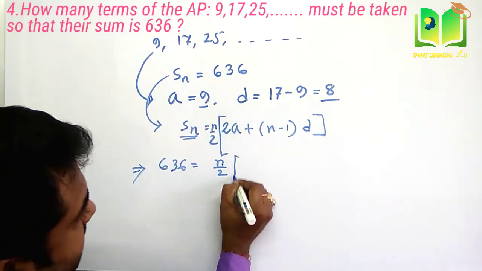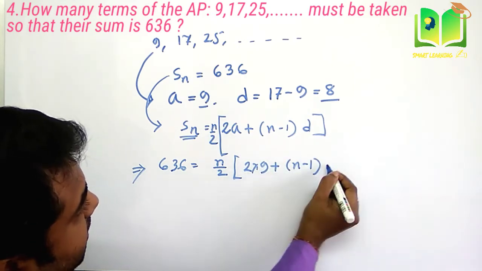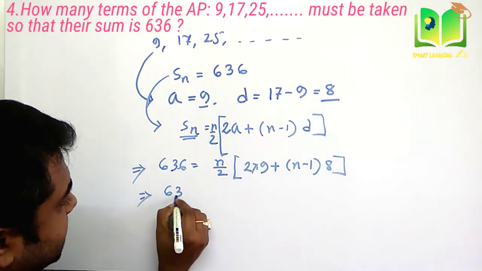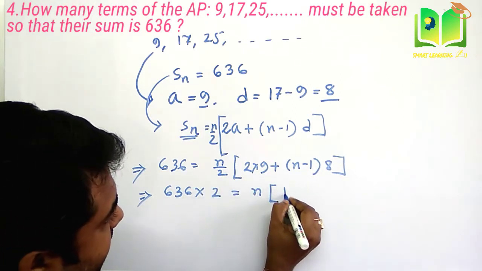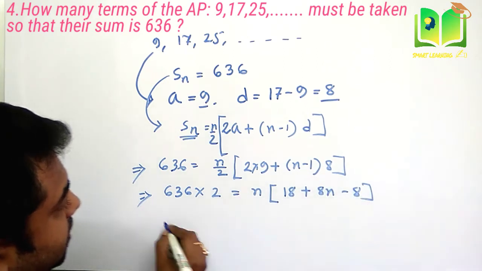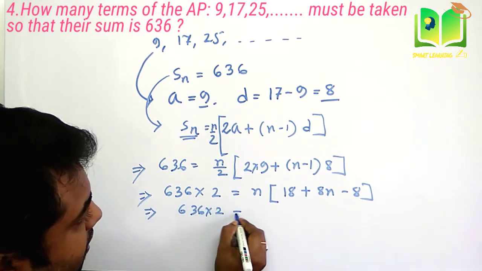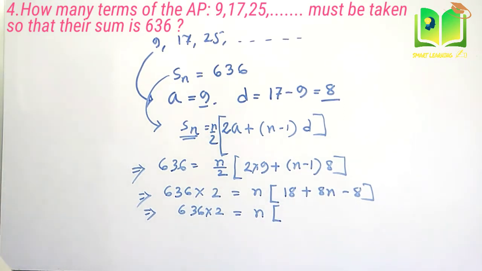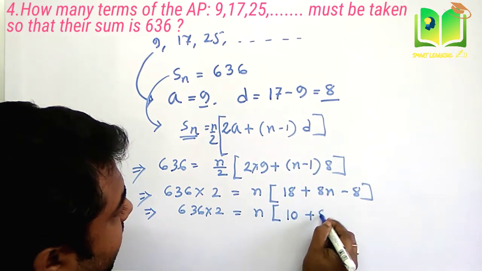So this implies 636 into 2 equals n within bracket 2 into 9 plus (n minus 1) into 8, that is 18 plus 8n minus 8. So 636 into 2 equals n, and here 18 minus 8 is 10. So you can write 10 plus 8n.